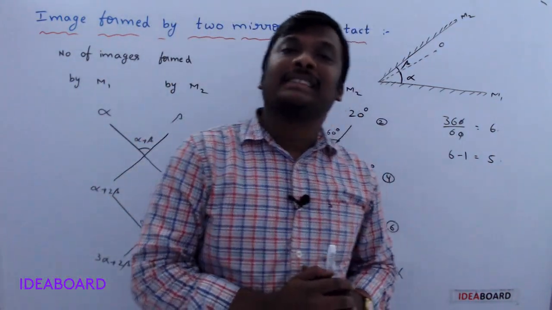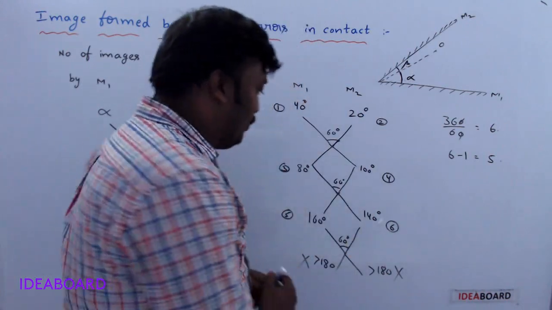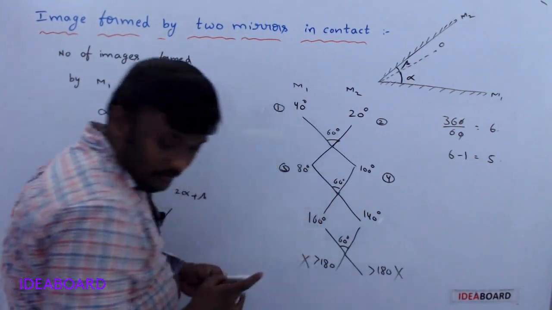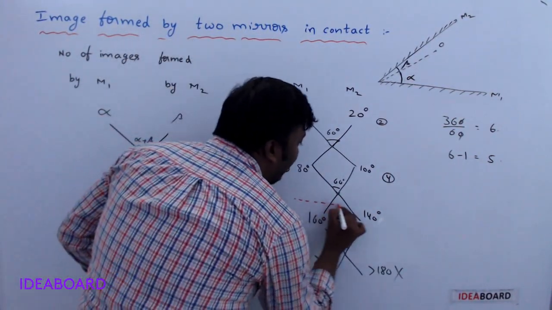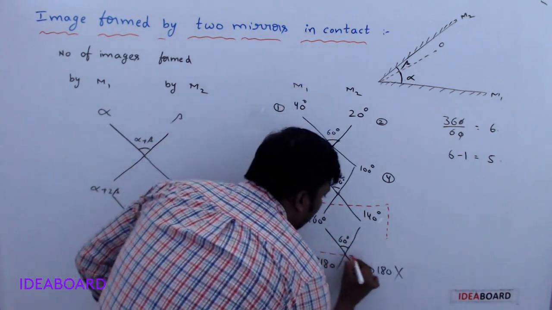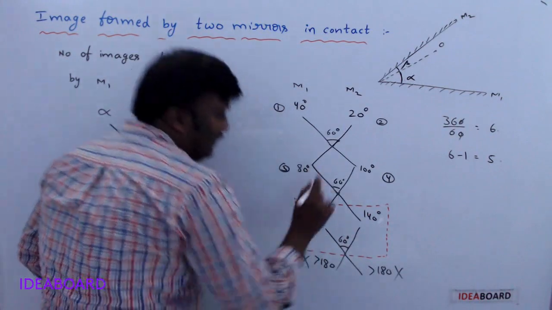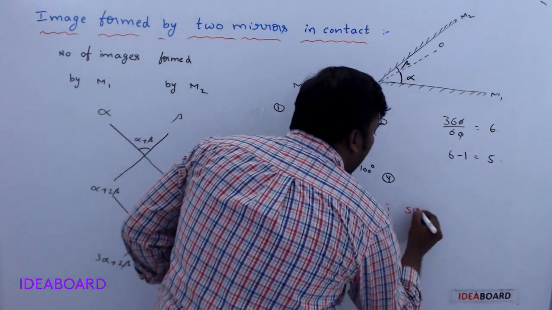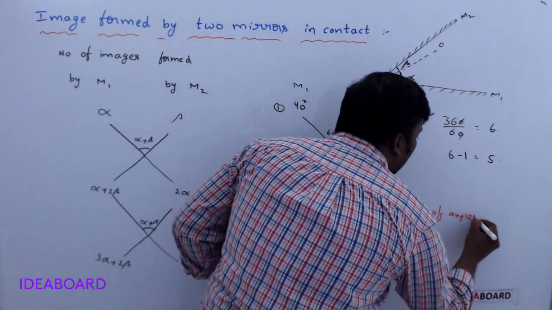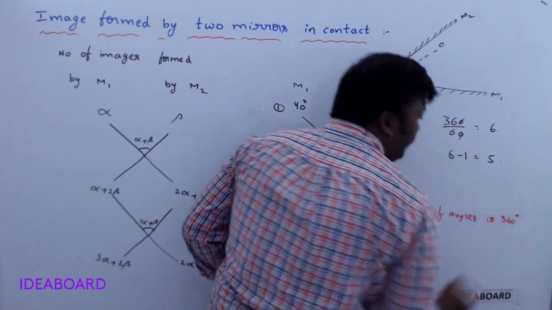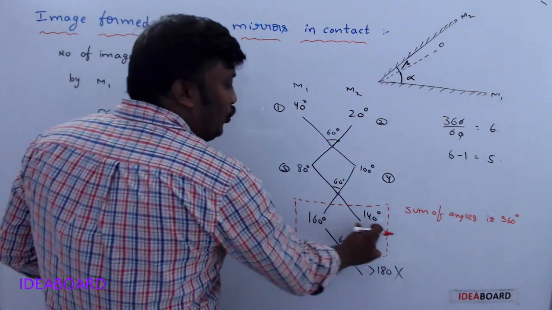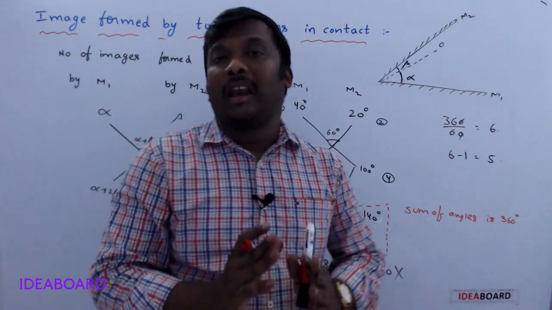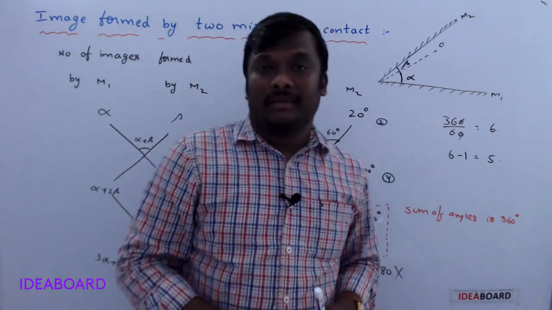Yes, here is one important point to keep in mind. Just listen carefully: if the sum of these three angles is 360 degrees, then these two images overlap with each other, and they form only one image.